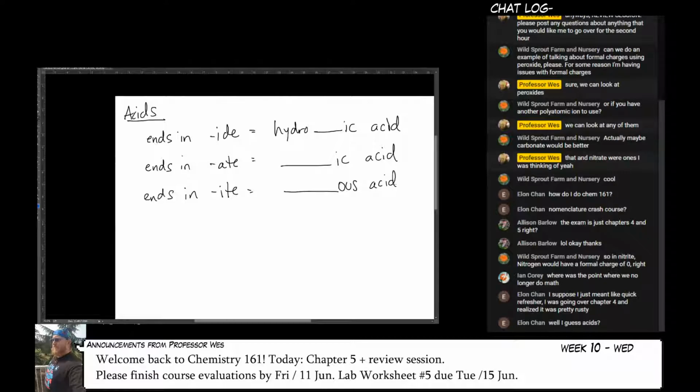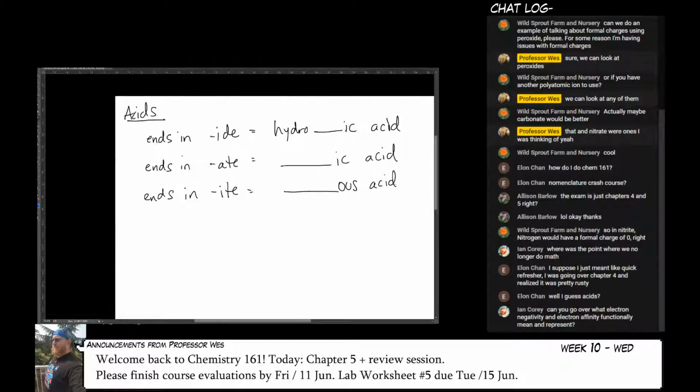Chlorate, carbonate, and then ite would be like hypobromite, nitrite, sulfite, phosphite, etc. That's what I think of when I'm naming acids. I just look at the suffix and I just drop it into the correct template.